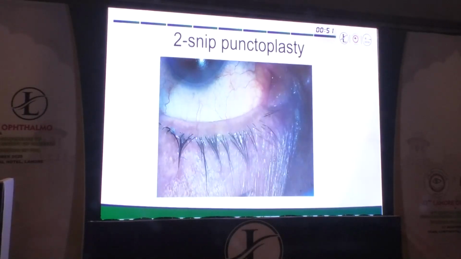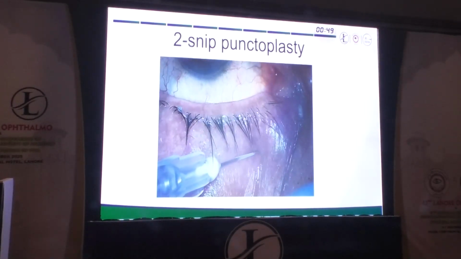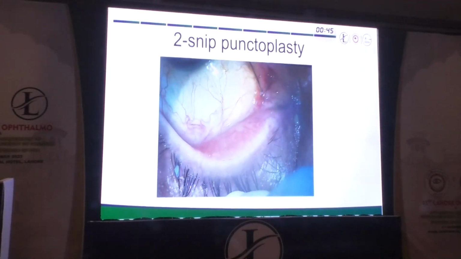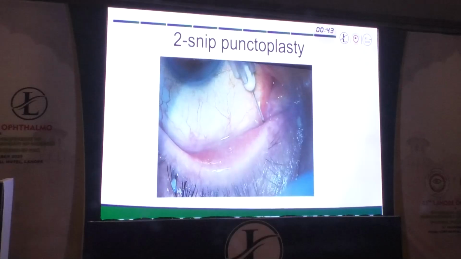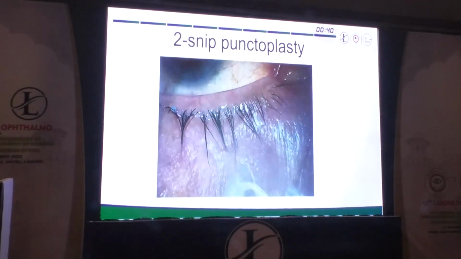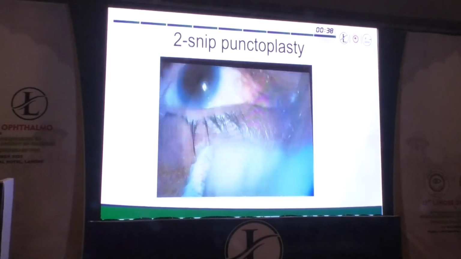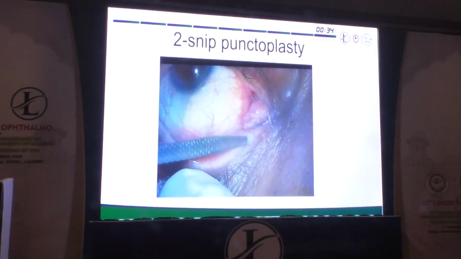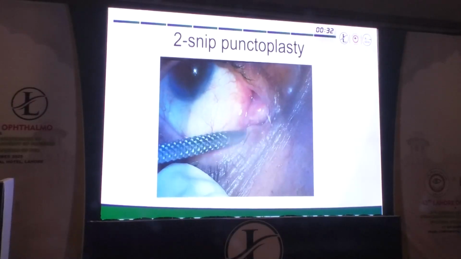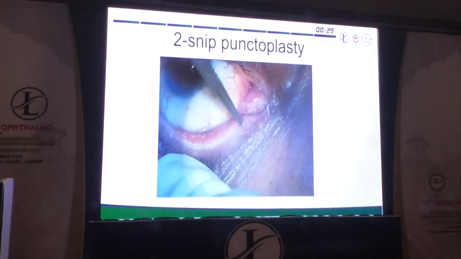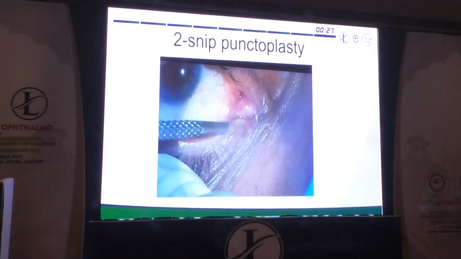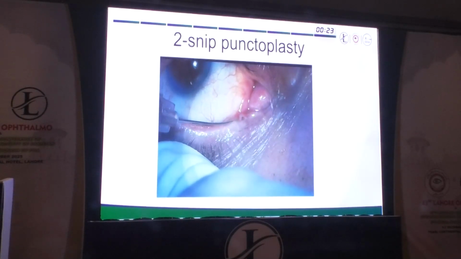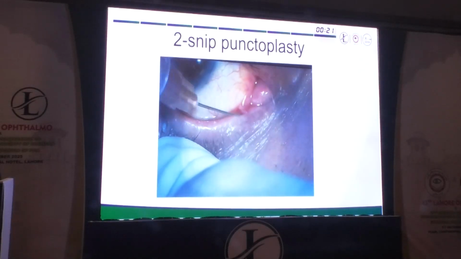Again, you give a little bit of local anesthetic under the canaliculus, and then on the conjunctival side, you can see the punctum is closed at the moment. Again, you dilate the punctum quite vigorously, and then you syringe to make sure that the nasolacrimal duct system is patent.